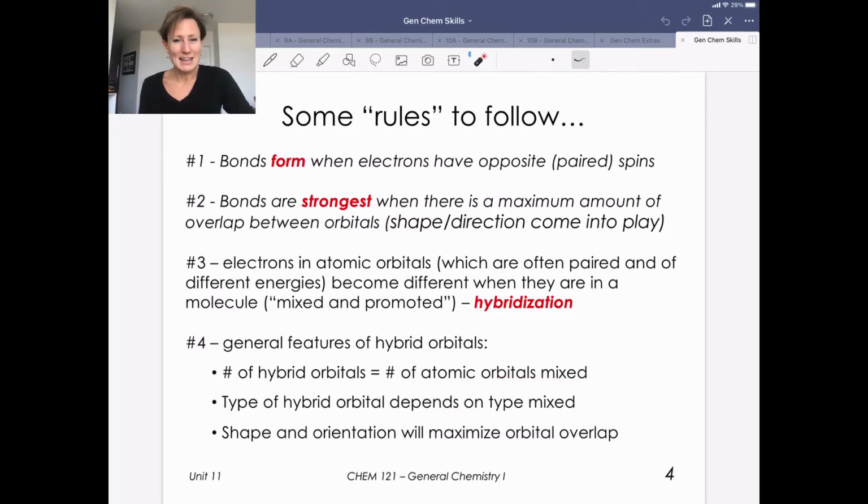Again, we're going to see an example on the next slide that hopefully clarifies that. And then when we think about overlapping these orbitals in order to make bonds, the shape and the orientation is going to be such that we want to maximize that orbital overlap, remembering that bonds are going to be the strongest and the most stable when we have this maximum amount of overlap.